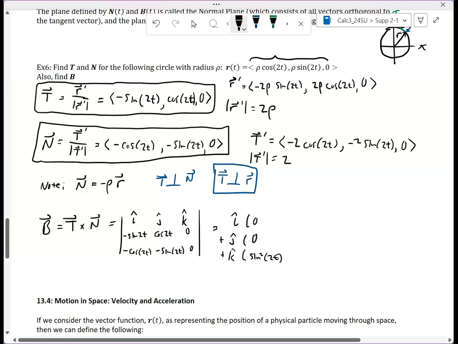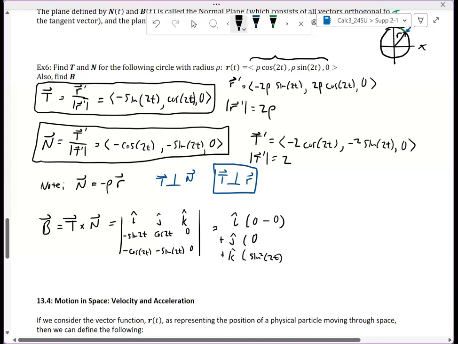Those are my three main diagonals going top left to bottom right. And then the three off diagonals going top right to bottom left come in with negatives. So for i I have negative i times 0 times negative sine of 2t, that's 0.